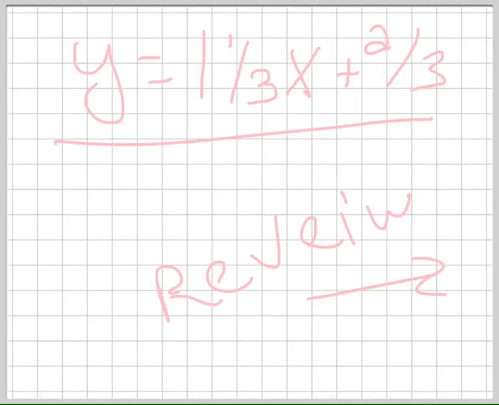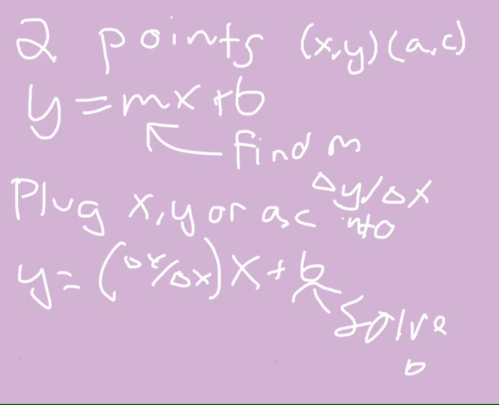plus 2/3. To review what we've gone over, we have 2 points, for example (x, y) and (a, c), given to us. And we have the format y equals mx plus b, which is very important. To find m, we first do the change in y over the change in x, or rise over run.